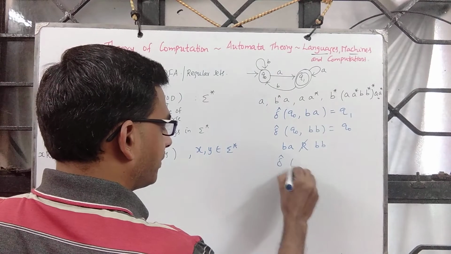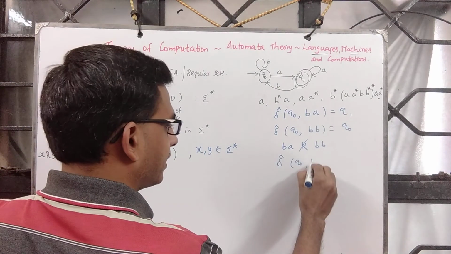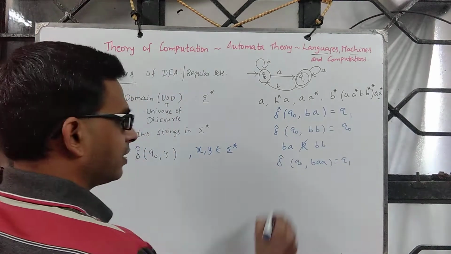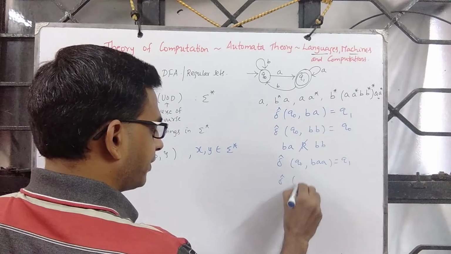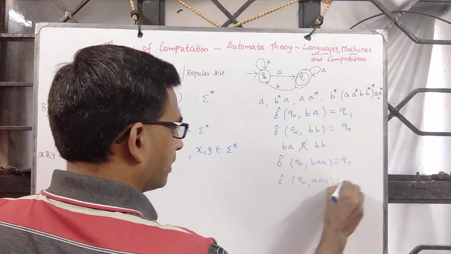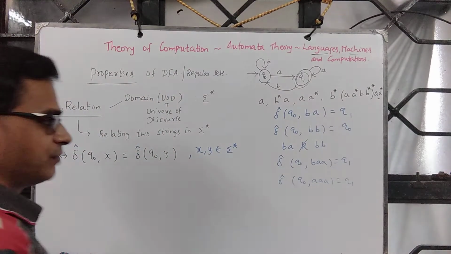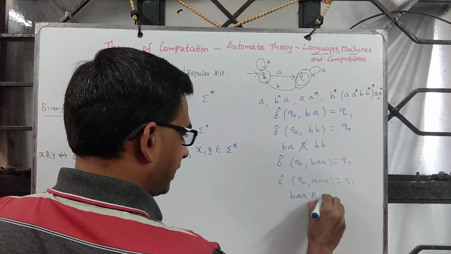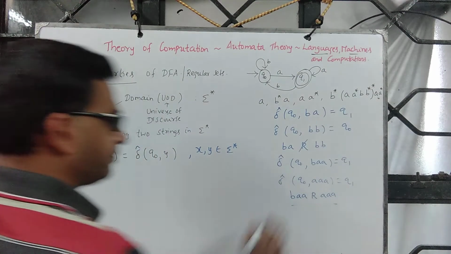So delta cap of q naught comma BAA is Q1, and delta cap of q naught comma AAA is Q1, which means BAA is related to AAA.